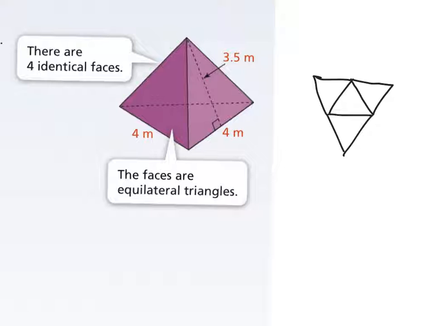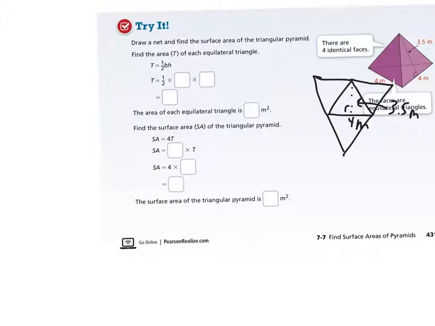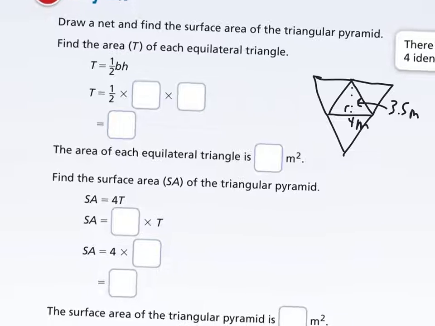All of these sides, once again, we have equilateral triangles that are all identical to each other. So if we can find the area of one of these and then just multiply it, we should be in good shape here.